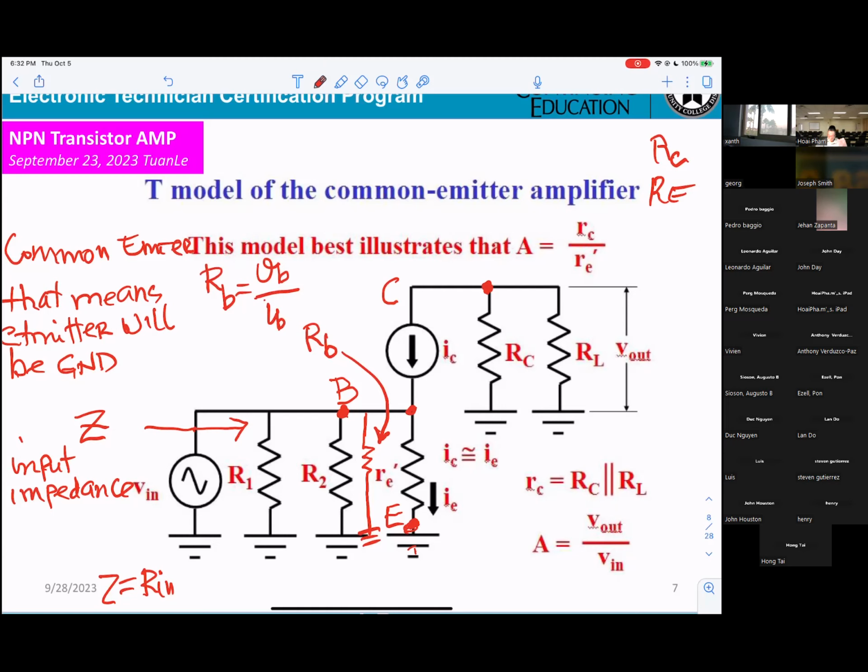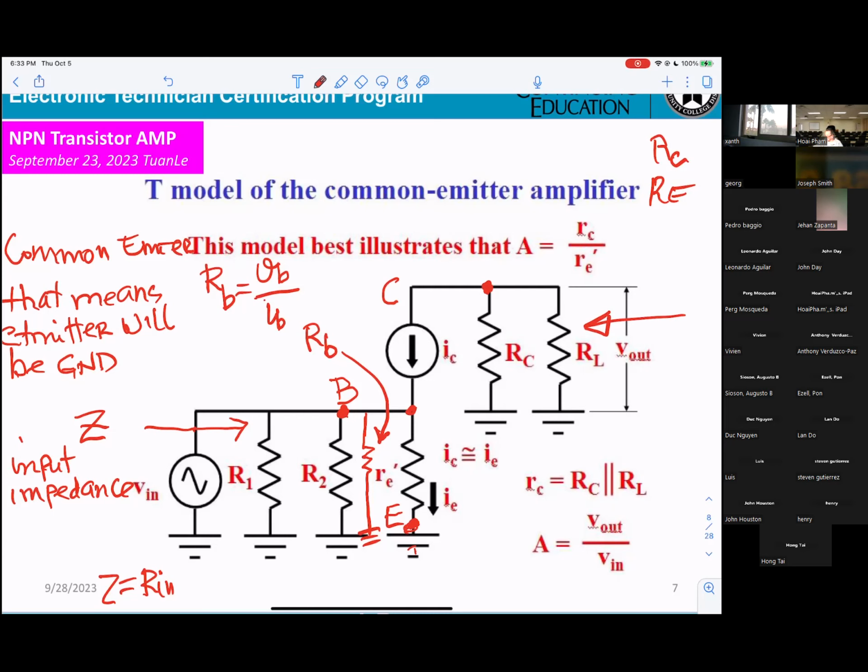The thing is, on an amplifier, they only deal with what? They deal with the input impedance, output impedance, and the gain. Now, output impedance means you're looking from the output into the amplifier.